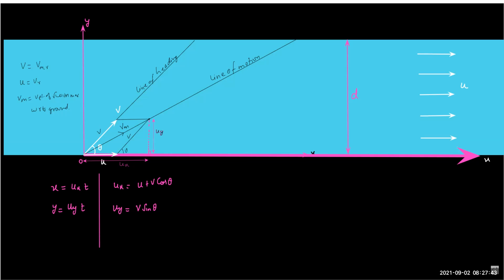So the time taken to cross the river depends only on the y component. This is a very common question which you will face, how much time it will take to cross the river.